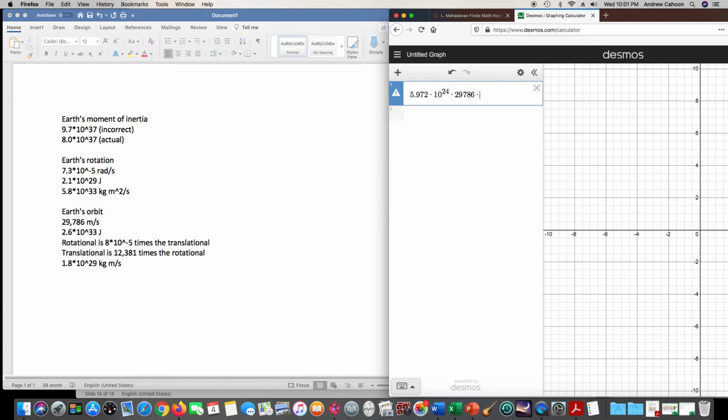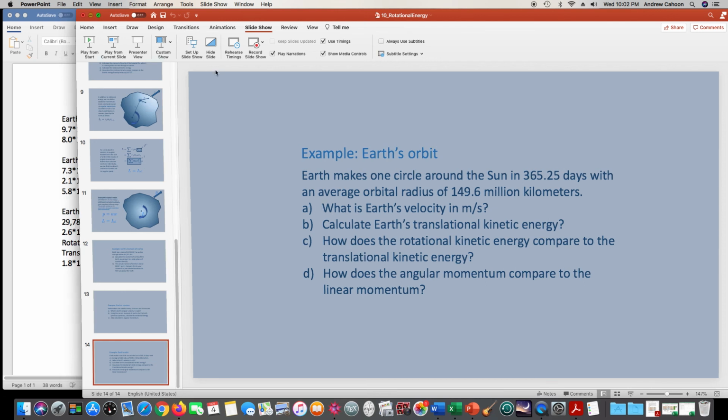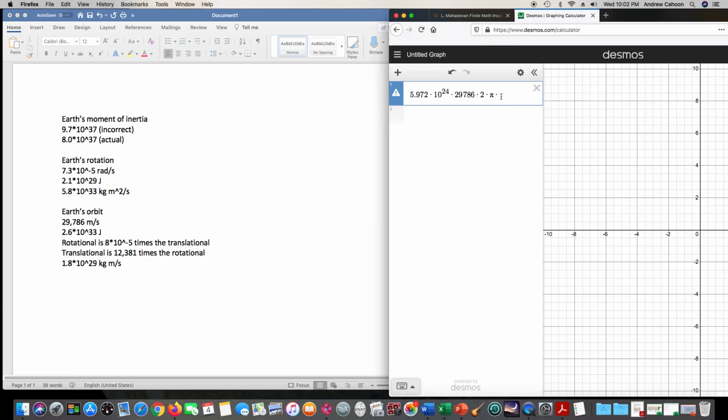I should have remembered that number. I stupidly deleted it, but we can calculate it again. 2 times pi times the radius of the Earth's orbit, which was 149.6 million kilometers, 149.6 times 10 to the 9 meters.